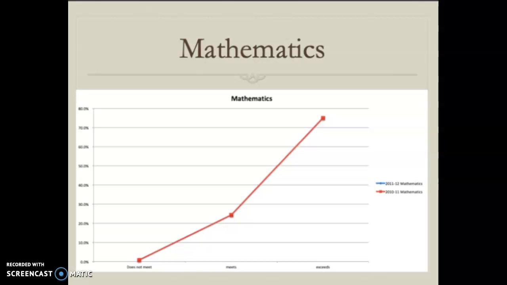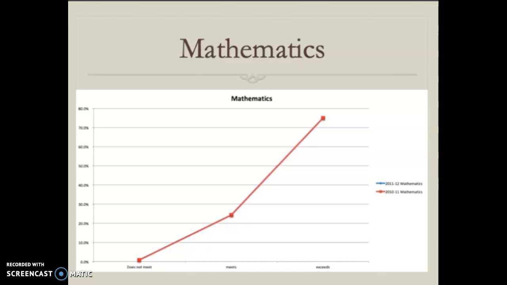The next slide we have is for math. It actually looks very interesting once I put it in a graph form. If you think that the blue line is missing, it's actually not true, it's actually there. It was very interesting to see the results of the CRCT because the results were exactly the same for both of the years.